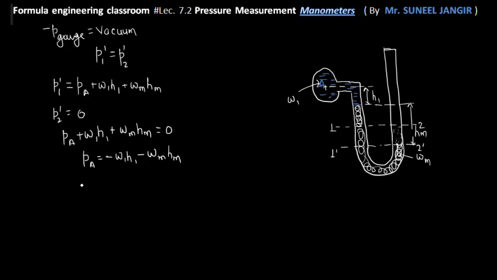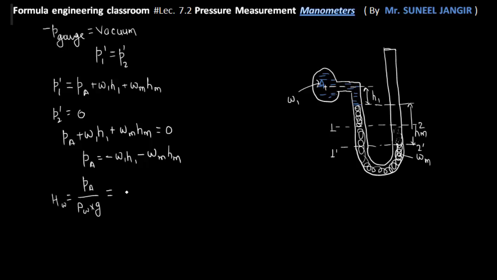If I want to convert this pressure in terms of the flowing fluid, let's suppose water, in terms of water height, we can simply say PA divided by rho of water into G. When I divide this pressure intensity PA by rho W into G, the unit will be in terms of height, so I'm saying this is HW.